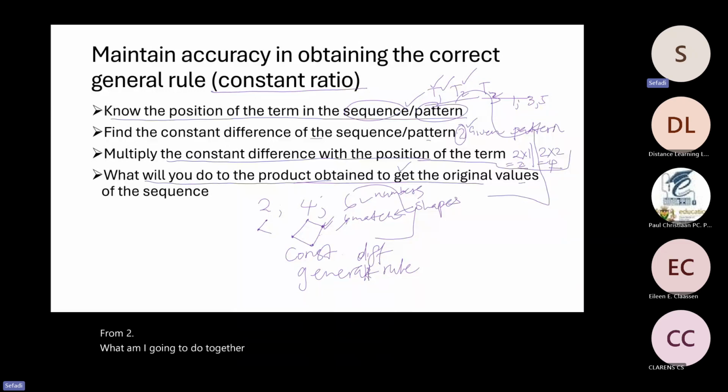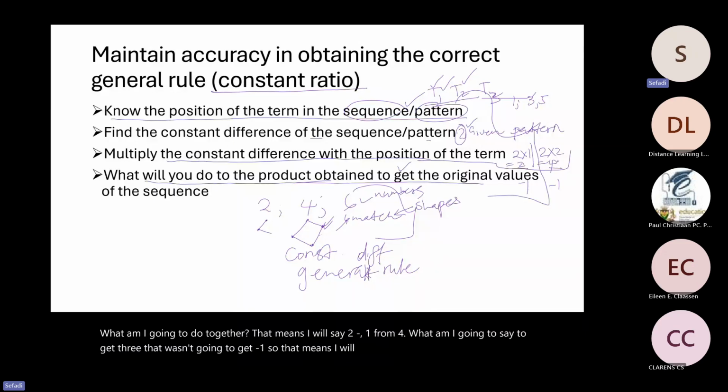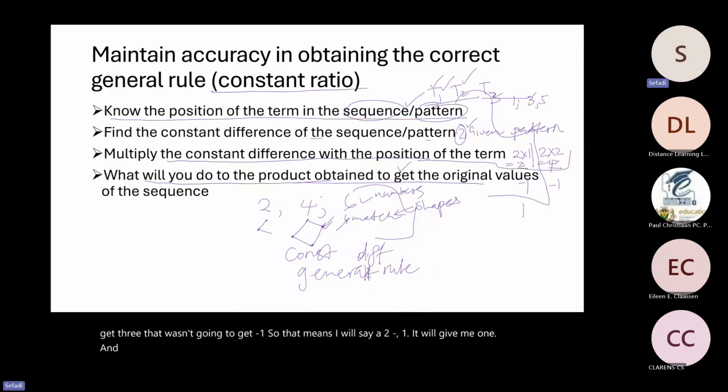That means I will say 2 minus 1. From 4, what am I going to say to get 3? That means I'm going to get minus 1. So I will say 2 minus 1, it will give me 1. And then I will say 4 minus 1, it will give me 3. So this is how we are going to work it.